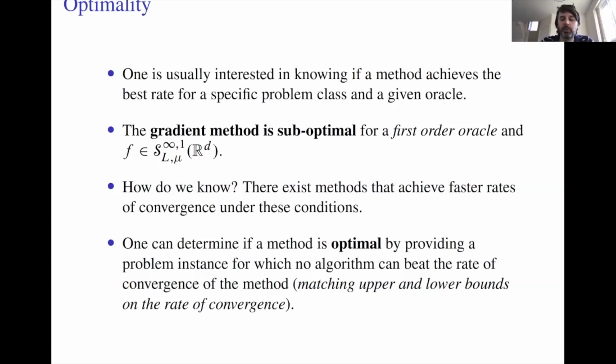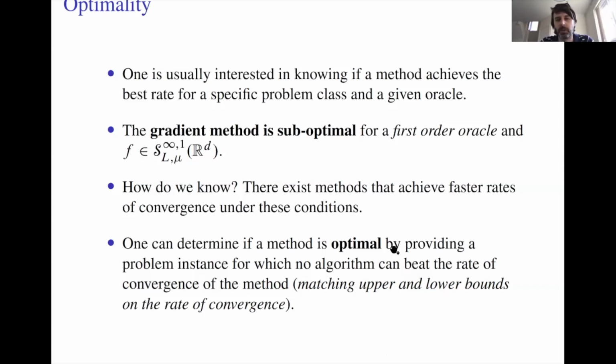If you figure out that your algorithm, like a gradient method or any other algorithm, achieves exactly the same performance as this lower bound, the bound that no method can go below or be faster than, so if the upper and lower bound match, then you know that your method is optimal.